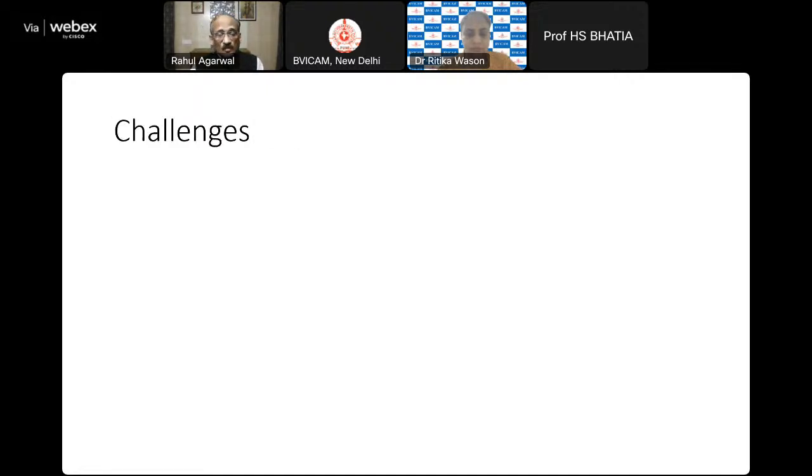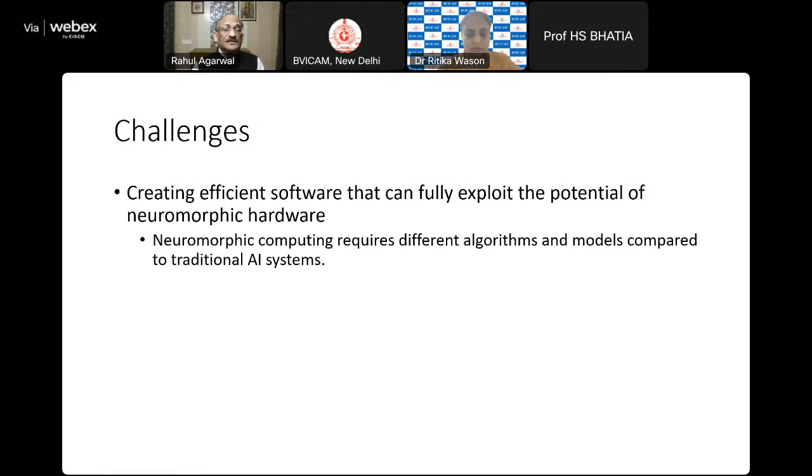So, what are the challenges? Creating efficient software that can fully exploit the potential of neuromorphic hardware. Essentially, neuromorphic computing requires different algorithms and models compared to traditional AI systems. So the current algorithms and the way we have current programs are not going to work with the neuromorphic hardware.